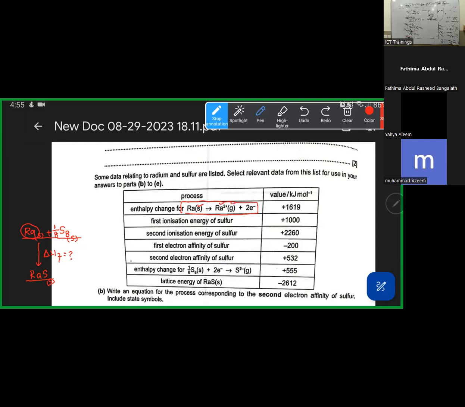So it means this enthalpy is the sum of atomization, first and second ionization energy. So you should write directly Ra2+ gaseous and 1/8 S8 as it is, and this enthalpy change, the sum of atomization and first and second ionization, is +1619. Did you get it?